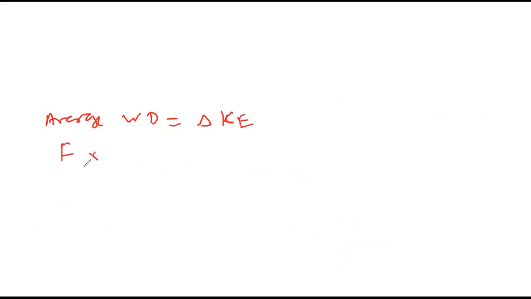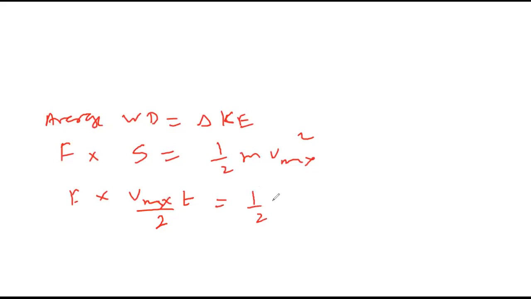That is force into displacement is half m v maximum square. So force into, this is same as v maximum upon 2 into t, equals half m v maximum square.